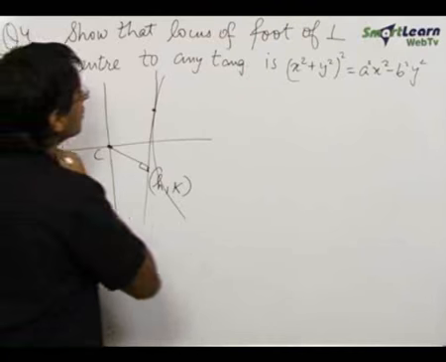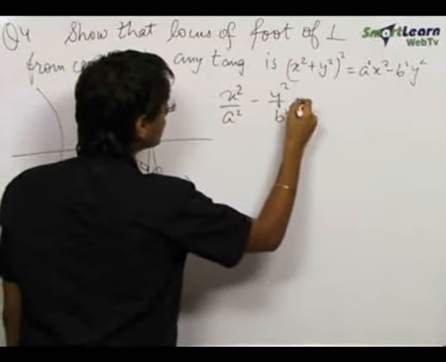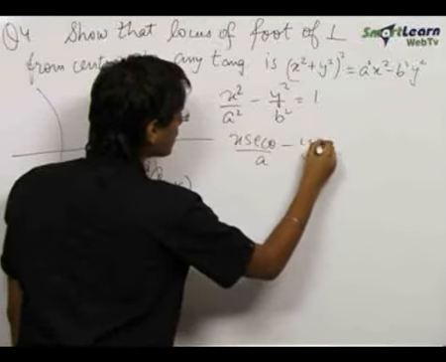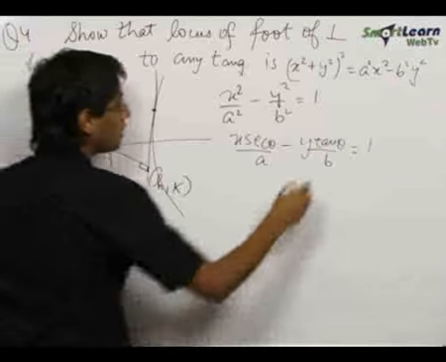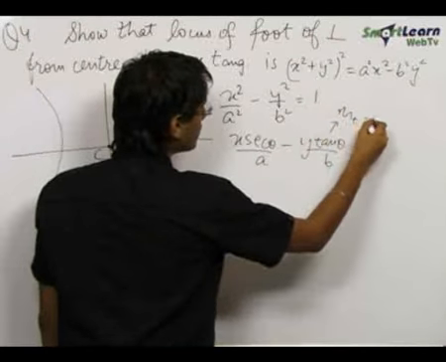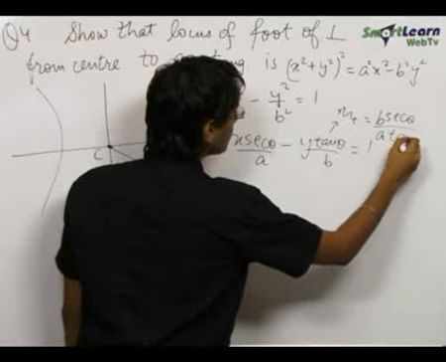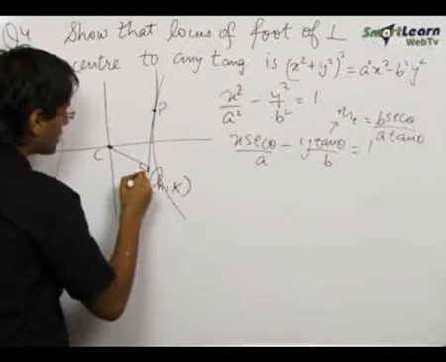Now any tangent to x²/a² − y²/b² = 1 is given by x sec θ/a − y tan θ/b = 1. We can very clearly see that the slope of this tangent is b sec θ/(a tan θ). So let us call this point P and this is R.